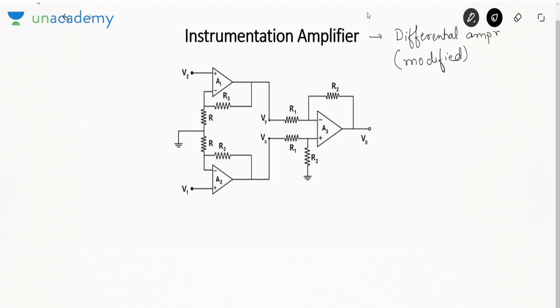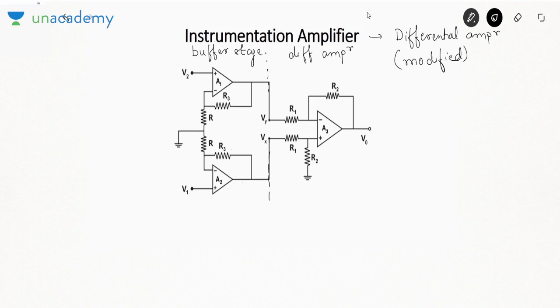So the op-amps at the input are called as your buffer stage, and later on we have differential amplifier. So if we have buffer stage in a differential amplifier, then it is called as an instrumentation amplifier.